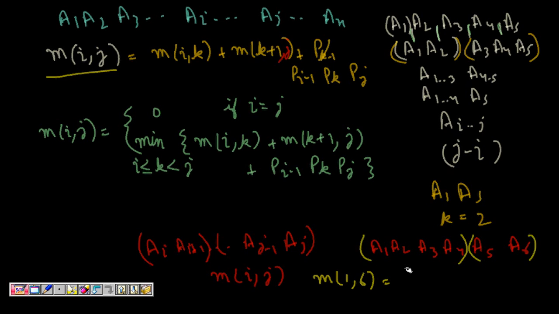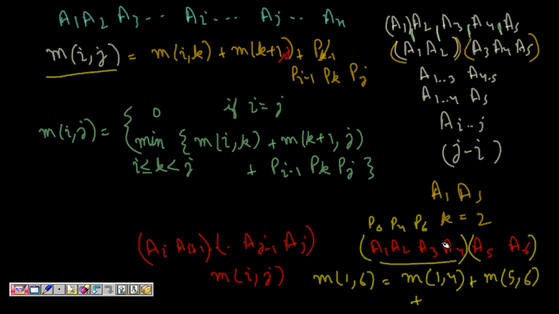So I multiply like this. Now k will be equal to 4. So M(1,4) will be the optimal cost of multiplying A1, A2, A3, A4, plus the optimal cost of multiplying A5, A6, plus now these two are also matrices of size p0, p4, p6.